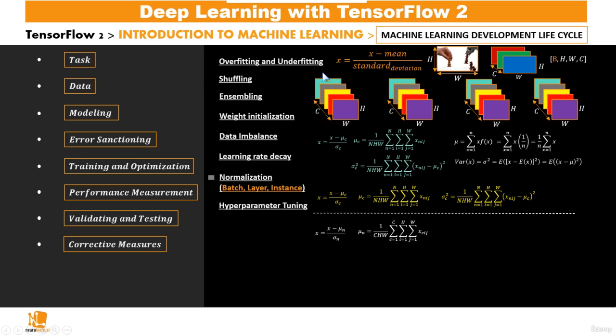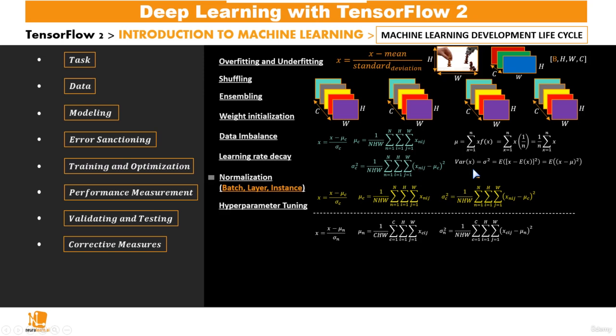So we'll pick this. Since we're working with this, we sum all the values that we have here. We sum through the height, through the width, through the channels. So basically we sum all the values that we get here, and then we divide by h times w times c. That gives us our mean.